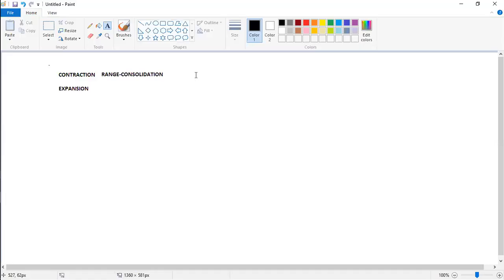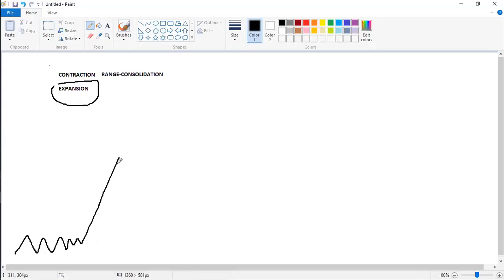It's just something you need to know at the back of your mind. You don't need to do homework on it. Whenever you see a range, you should expect an expansion after that. So this will be the contraction, ranging, then expand, which is this part now.